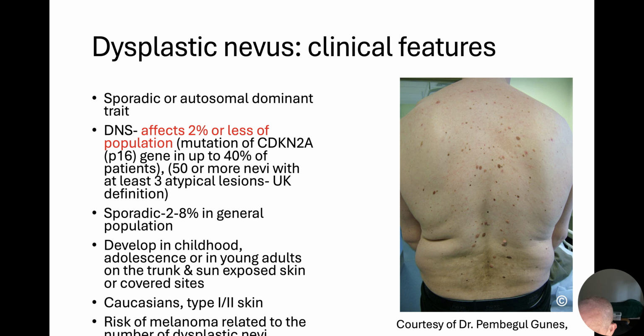So the clinicians are never quite sure whether they're looking at a dysplastic nevus or a melanoma, which is why, of course, they get excised. And dysplastic nevi are not uncommon in a sporadic setting, affecting somewhere between 2 and 8% of the population.